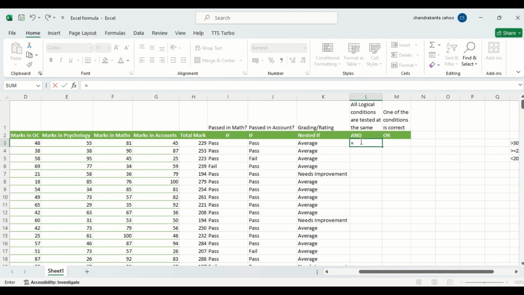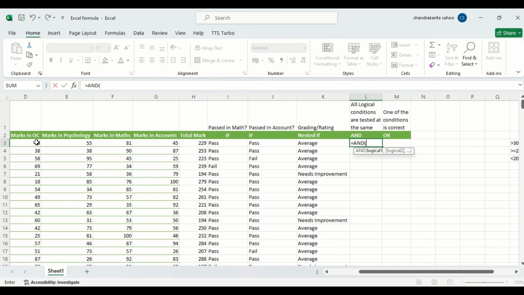Let us write here. We will write AND, and you see logical 1, logical 2, logical 3, like this. Suppose I write a comma, second logic, third logical condition, fourth logical condition. So there are a number of conditions that you can test here. There is no issue here.